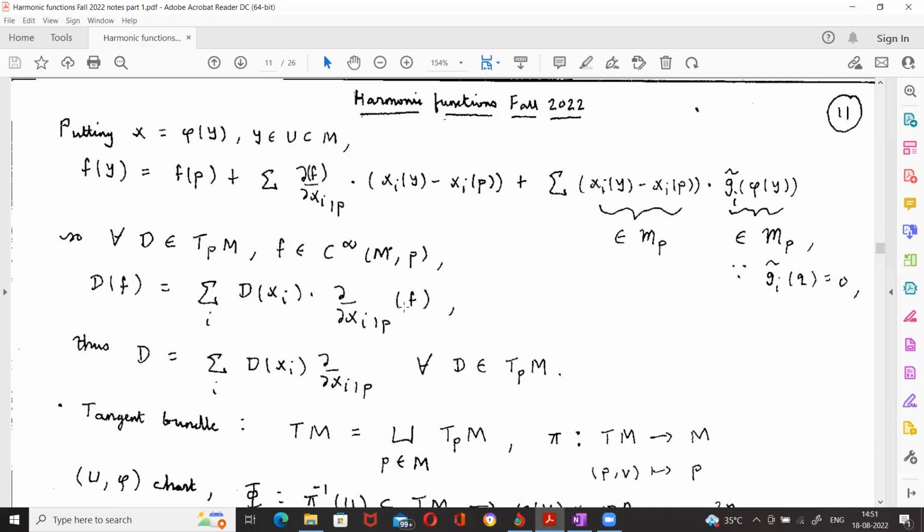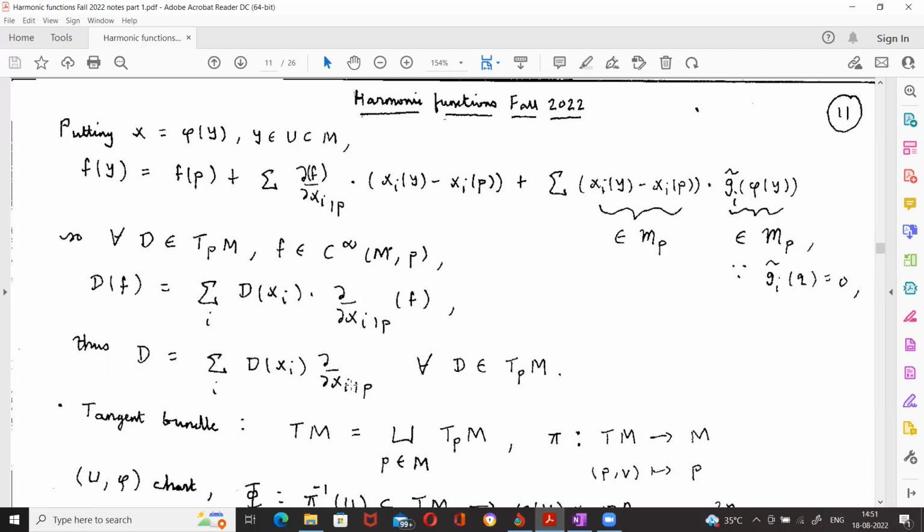Is this clear? Yes. So what does that mean? That means that for every f, d acting on f is given by some constants, this d of xi, into del del xi acting on f, right? In other words, d is therefore equal to this linear combination of the del del xi's, sum over i, d of xi into del del xi at p.